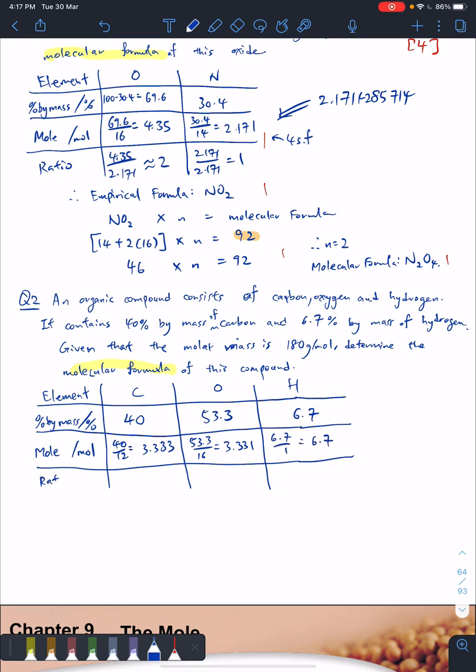Then lastly, mole ratio. So you get 1:1:2. Therefore, the empirical formula would be CH2O. And that is 2 marks.